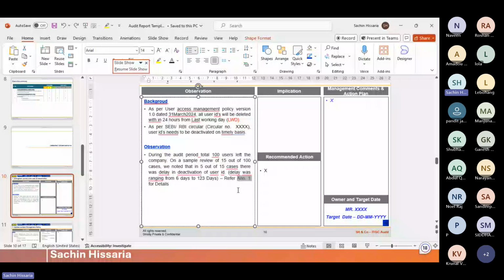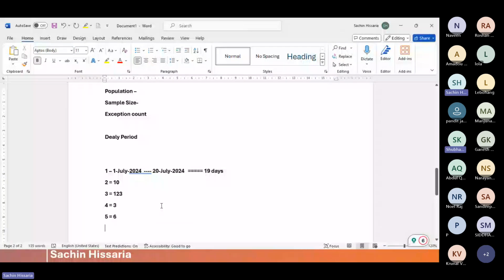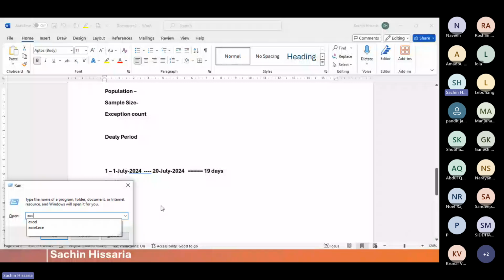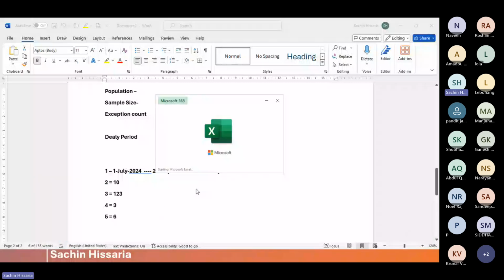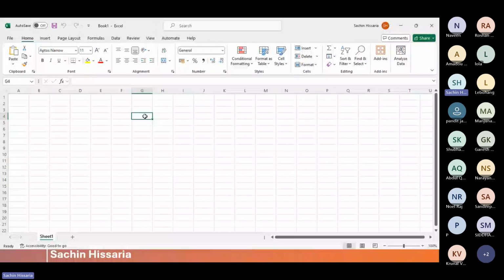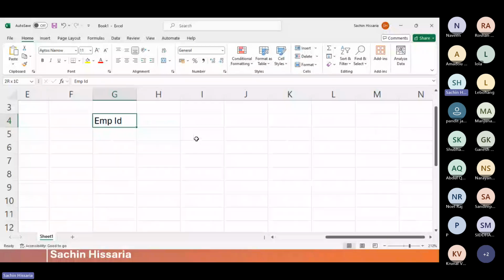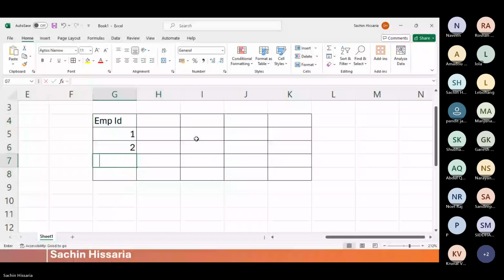Let me show you how the annexure would be prepared. For example, you will prepare this in an Excel sheet. Here you will write the employee ID. Now guys, it is not a good practice to write the employee name. For example, here are 5 employees, and obviously with the help of HR data you would know the names as well.